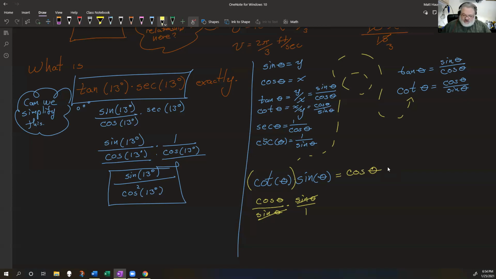So one of the things we're going to play with some at the end of this section, this is technically in 5.4, is trying to get in the habit of using some of these algebraic simplification ideas mixed with the identities that we get. These are called our quotient identities. These two and the cotangent equaling 1 over the tangent are our reciprocal identities.